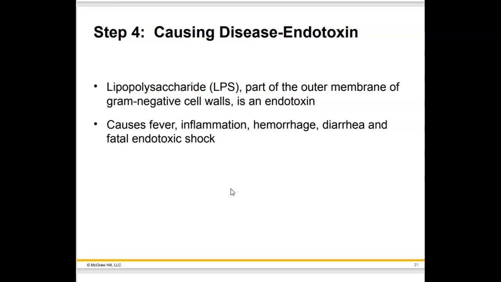Some of that is coming from these endotoxins that have been released when your immune system kills these bacteria and releases the lipopolysaccharides into your system. Some lipopolysaccharides may also be released as bacteria divide, but that's only a small amount. The great majority comes from when gram-negative bacteria are being killed off.